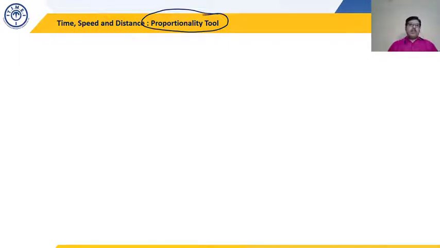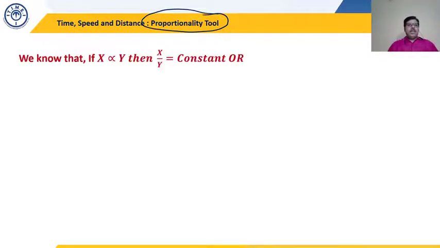So the first proportion tool is, you know that if x is directly proportional to y, then x divided by y is constant. If x is directly proportional to y, can I say if x increases, then y also increases? So if x becomes double, y also becomes double. If x becomes 5 by 4 times, y also becomes 5 by 4 times. So if x and y increase in the same proportion, can I say the ratio of x and y remains the same?